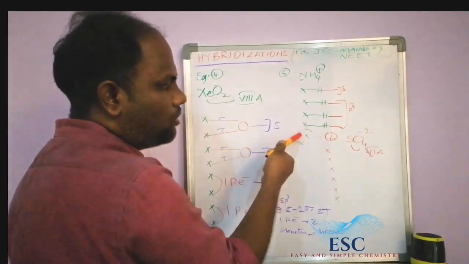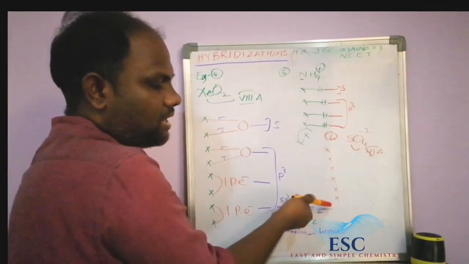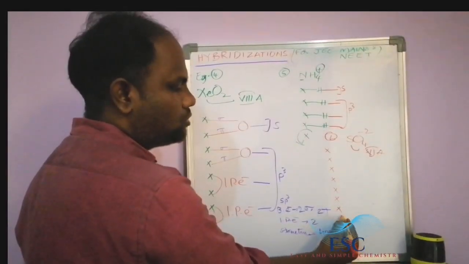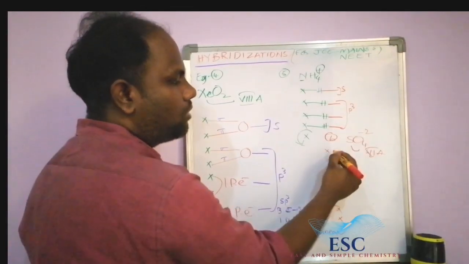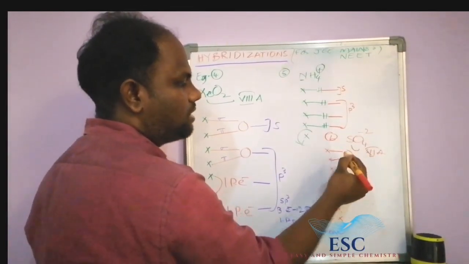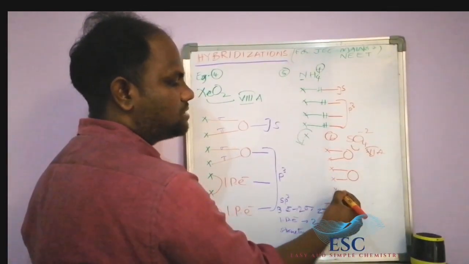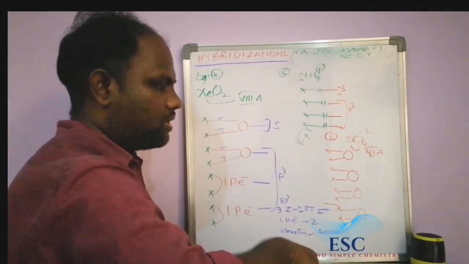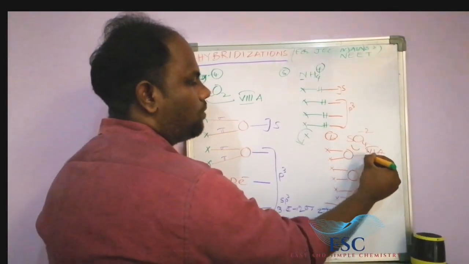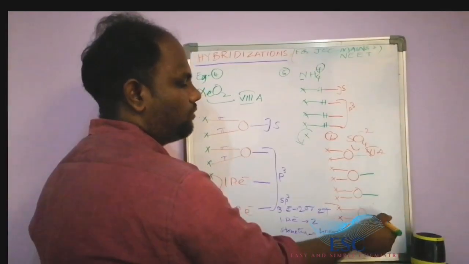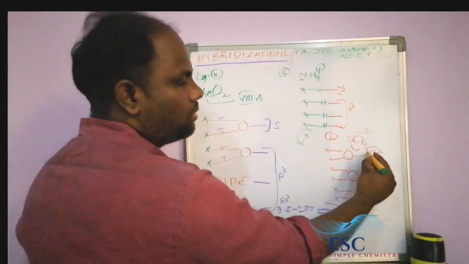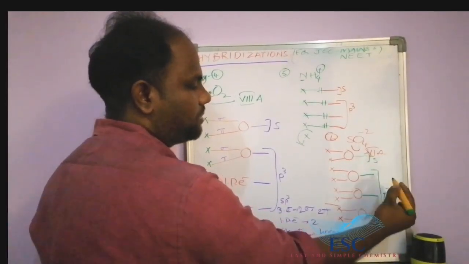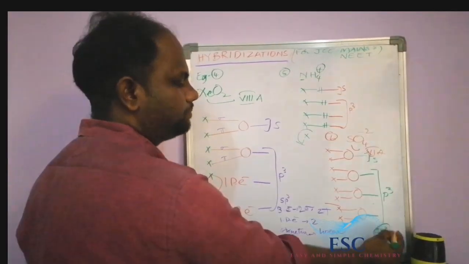Plus means we remove one cross mark; minus means we add cross marks, so minus 2 means 2 cross marks. There are 4 oxygens, each with 2 cross marks. 1, 2, 3, 4. So no lone pair of electrons in the s orbital. This is the p orbital, sp3 hybridization again.